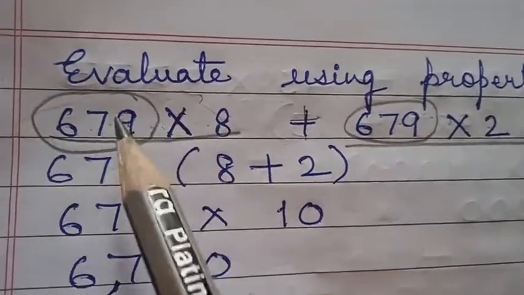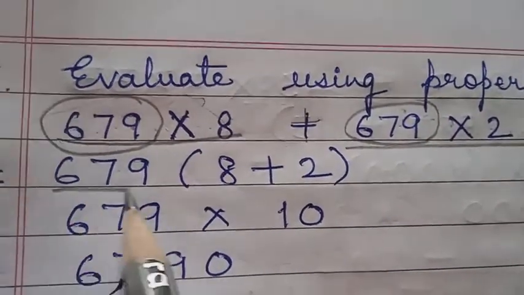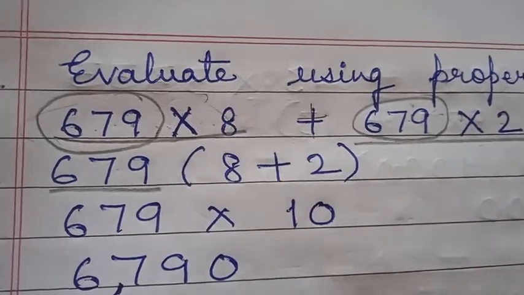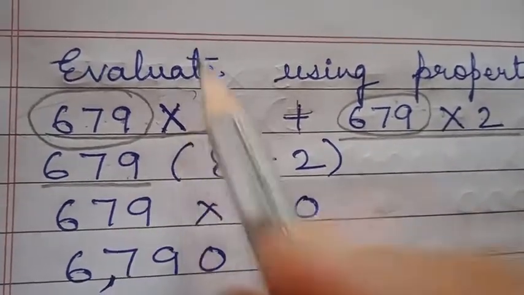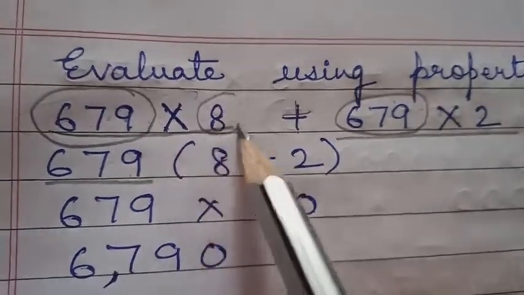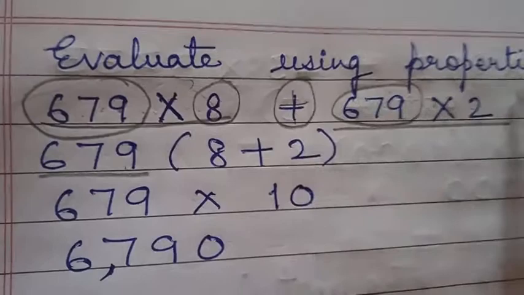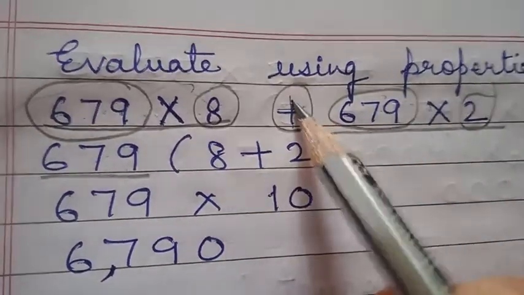So remove it out, 679 and 679. From here we have removed 679 from both, and we have written 679 here. Now what is left after taking 679 outside? 8 is left, plus is left and 2 is left. So 8 plus 2.